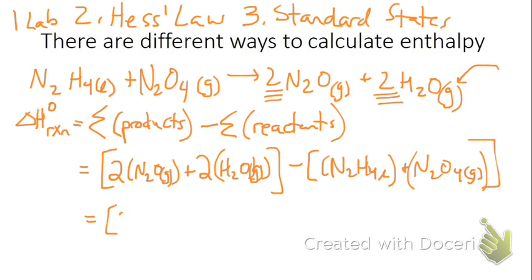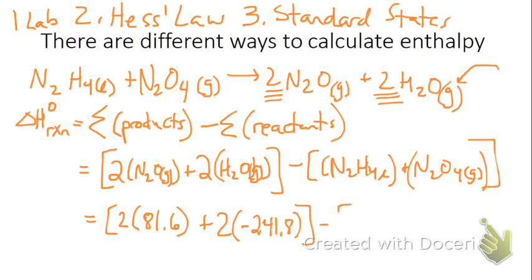So, if we go to the book, we find that it being 81.6 plus negative 241.8. Remember, keep the signs. The signs are very important. And so N2H4 was 95.4 plus 9.16.